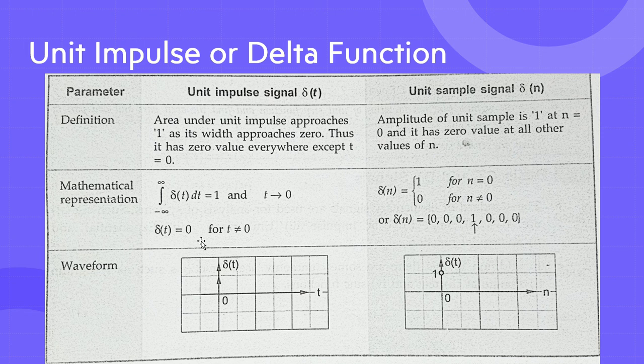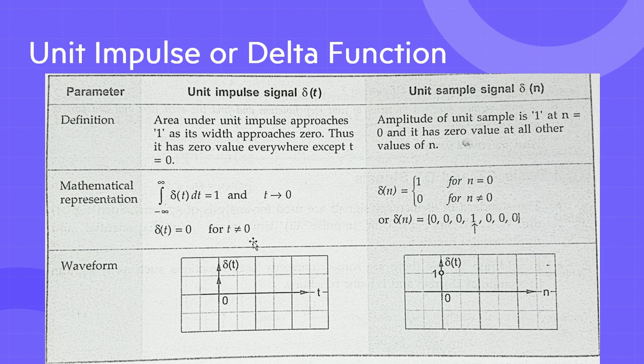At t tending to 0, δ(t) is nonzero, with this integral equal to 1. And for t not equal to 0, the value of δ(t) will be 0.